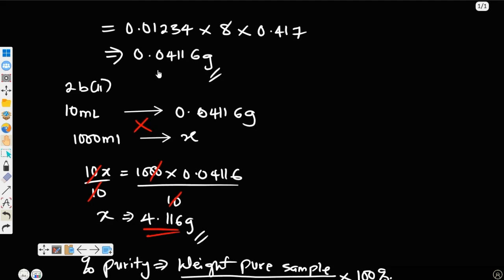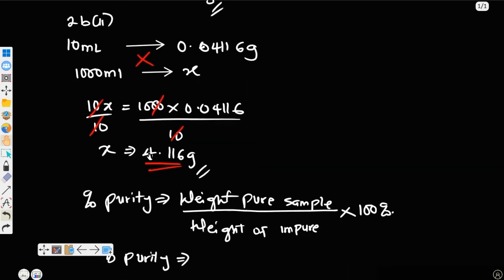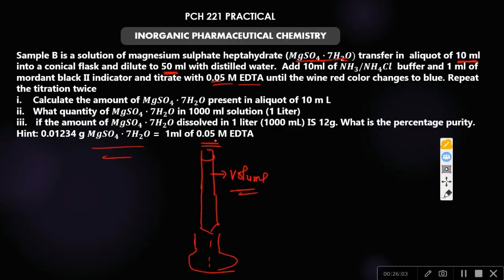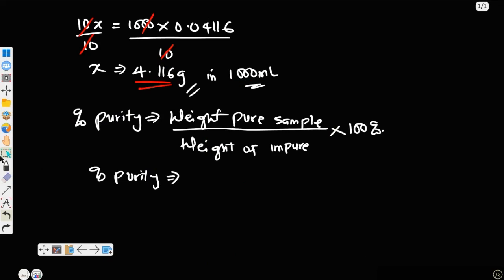So first of all, the first one gave you 0.04116 in 10 mil. In 1000 mil you get 4.116. That is the weight of pure sample present in 1000 mil. Now, they told you that initially the amount actually dissolved in 1000 mil is 12 gram. So there are impurities present in the 12 gram, but when you assay and purify, you only got 4.116.